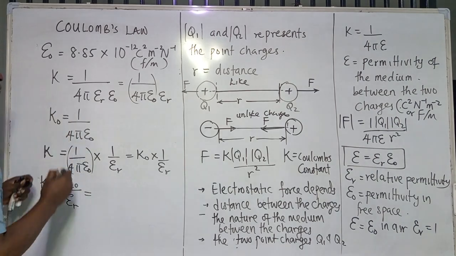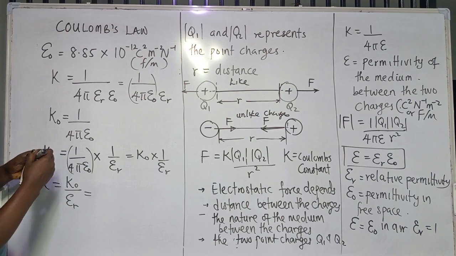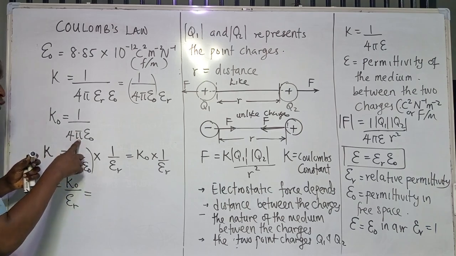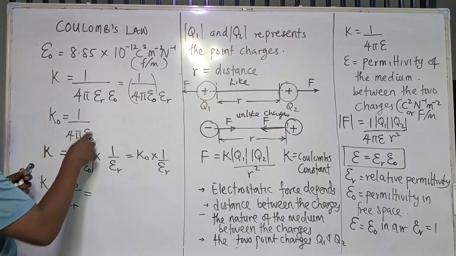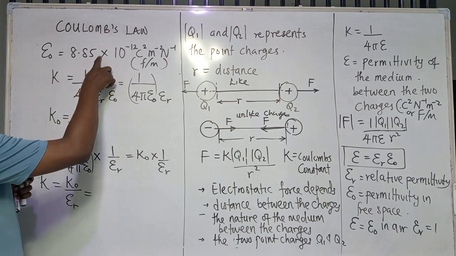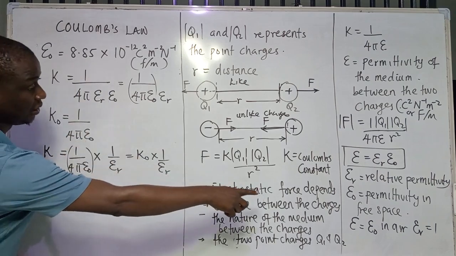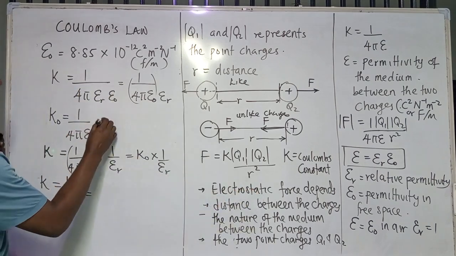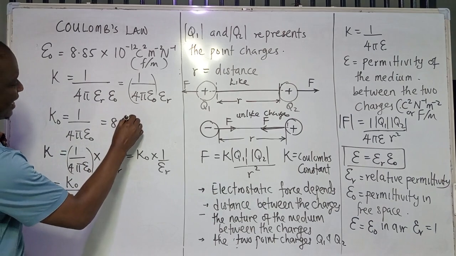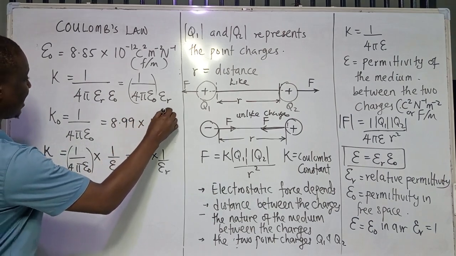But what is our K naught? If you put the value of pi, take your pi to be 3.142 or 22/7, and take the permittivity of free space, which is a constant value, and put it here, you are going to have approximately 8.99 times 10 raised to power 9.